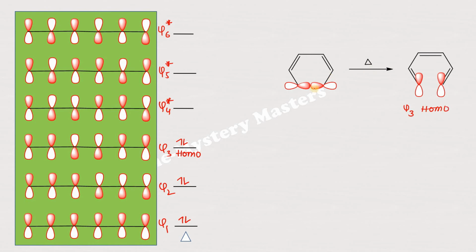That is the first thing. Now you have to see what symmetry the HOMO has in thermal condition. Here you can see that on my right hand side and on my left hand side, I have the same type of orbital present. Or you can say, if I imaginarily cut the molecular orbital in the middle, whatever is on my left hand side, the same type of arrangement is present on my right hand side also.